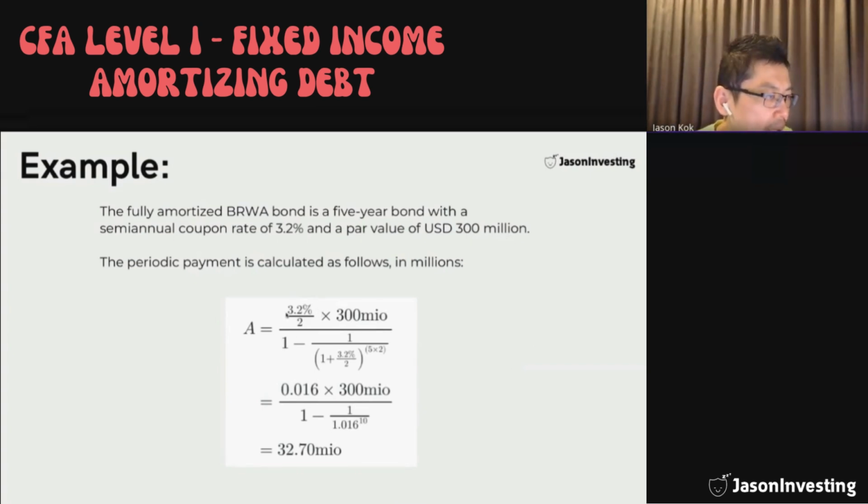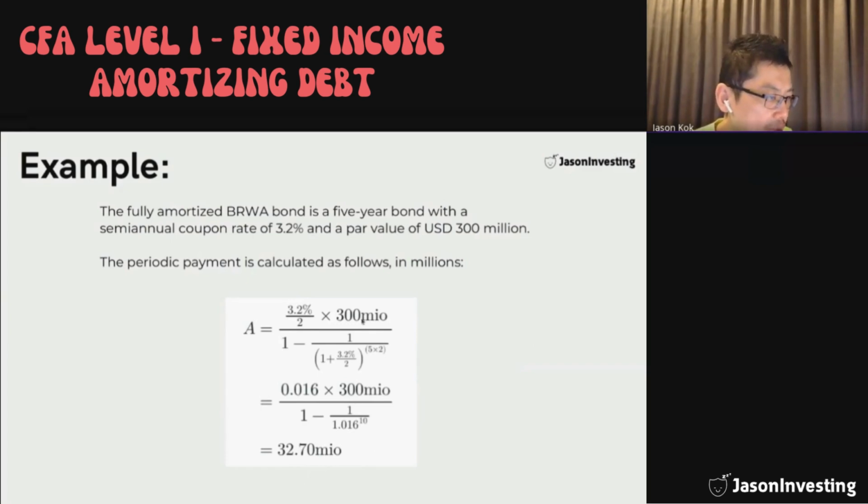Every 6 months, because it's an annual rate, you divide it by 2 and multiply it by the principal, and you have this formula. In the denominator, you also divide by 2, and this is multiplied by 2 because it's 10 periods, 5 years semi-annual. Doing this calculation gives you a final value of 32.7 million.